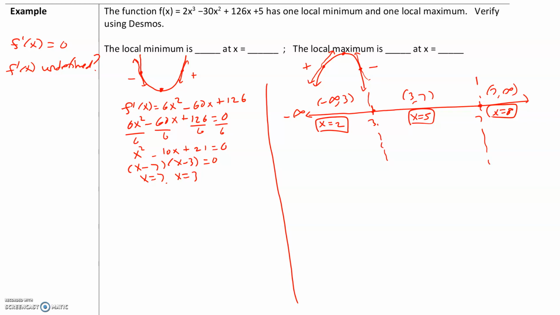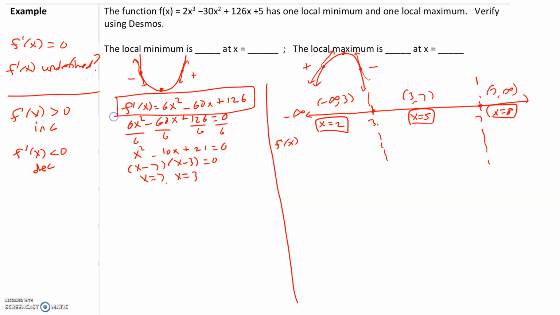Once I have a test point, I want to see, is my first derivative positive or negative? Because when the first derivative is positive, the function is increasing. When the first derivative is negative, the function is decreasing. So we're going to take the first derivative, which is 6x squared minus 60x plus 126, and we're going to put that in Desmos.